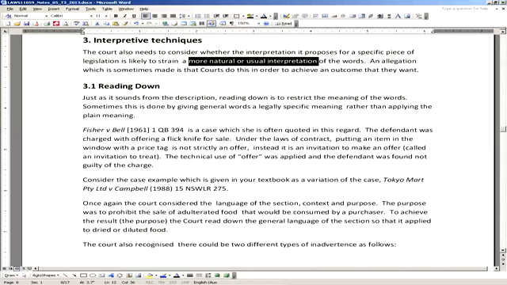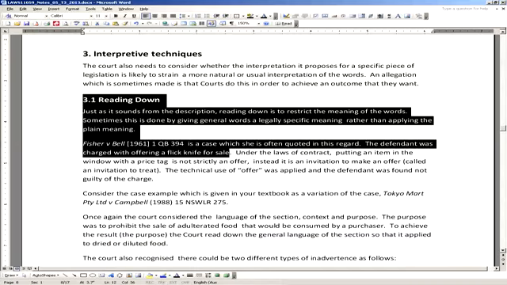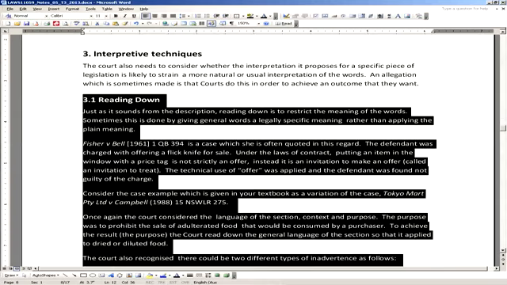Reading down. If you read judgments by a judge like Chief Justice Barwick, Sir Garfield Barwick, who was Chief Justice of the High Court of Australia from 1964 to 1981, they're short.